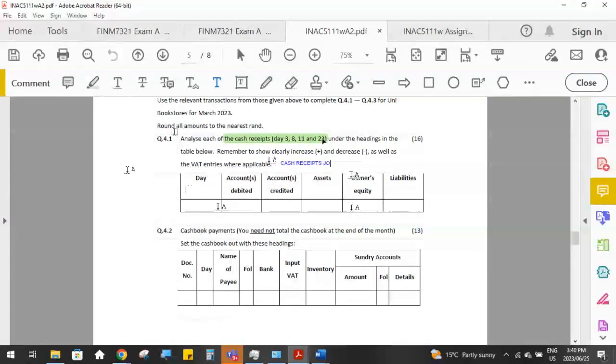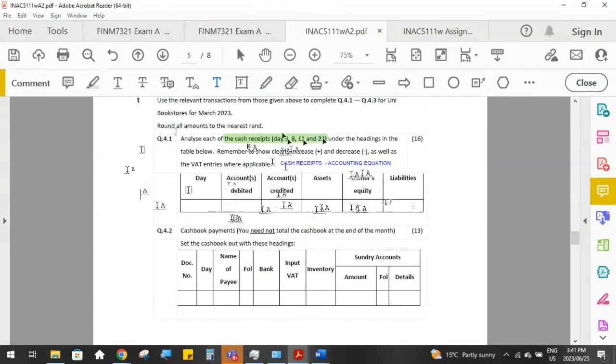It's a cash receipt, but they want us to break it down under the accounting equation. So you had to correctly identify the name of the general ledger account that was going to be debited and the name of the general ledger account that was going to be credited. And then if it was an asset, is it increasing or decreasing, and so on. You know the drill by now with analyzing under the accounting equation.